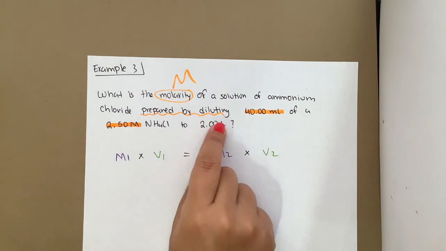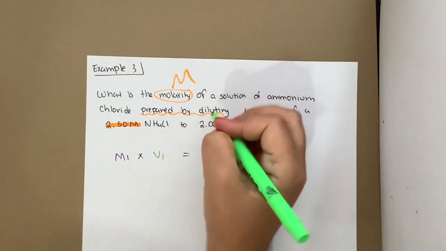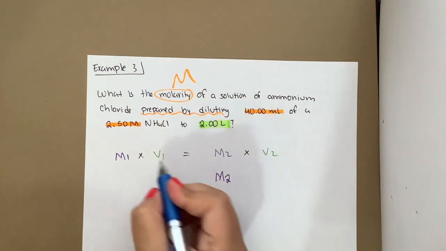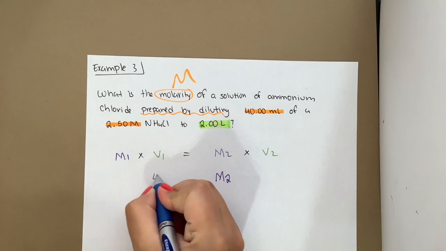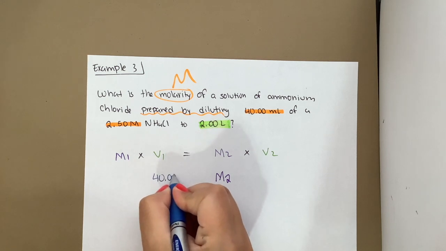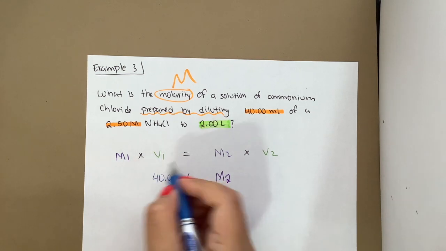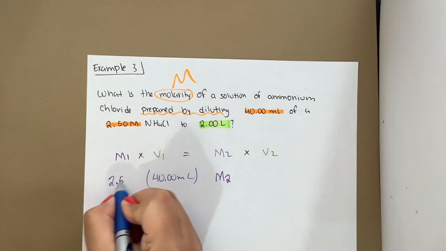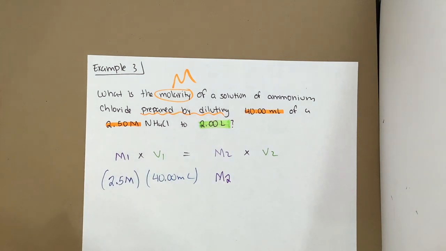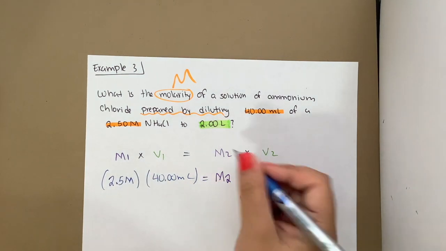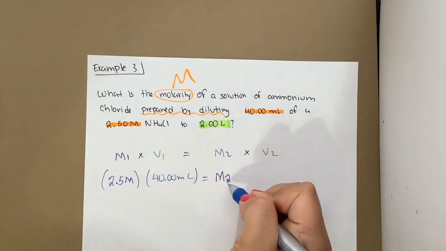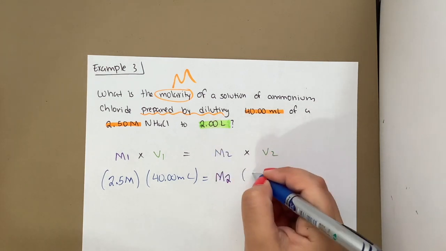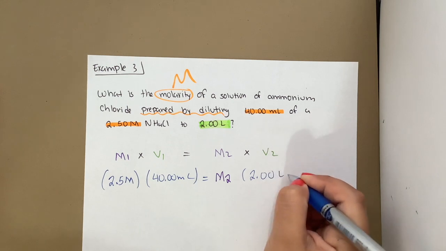Okay, so this new volume is going to be my volume 2. So 40 milliliters belongs to my initial volume. This concentration, 2.5 molar, belongs to my initial. They're asking me for the concentration of my final solution if I dilute it to a volume of 2.00 liters.